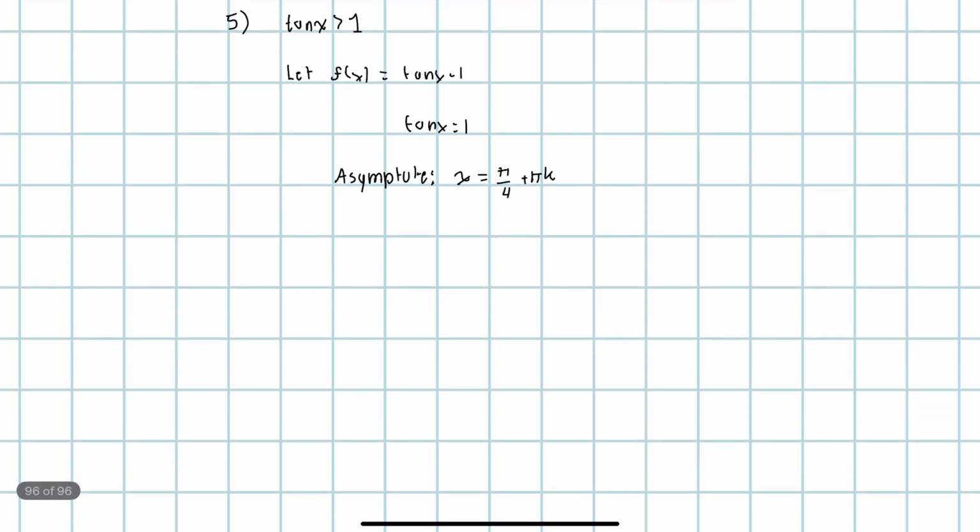And now for our boundary, we also have where it's undefined. This is undefined at x is equal to pi over 2 plus pi k. That's the pattern for this.